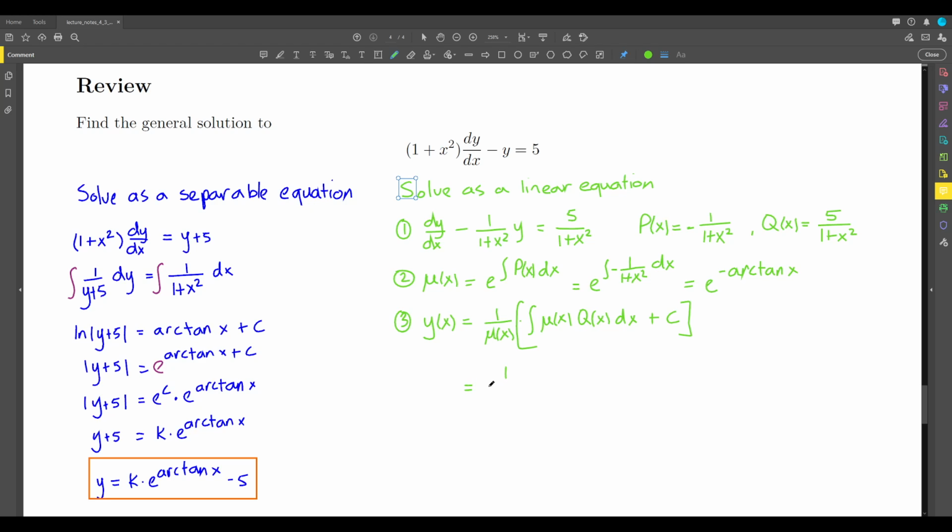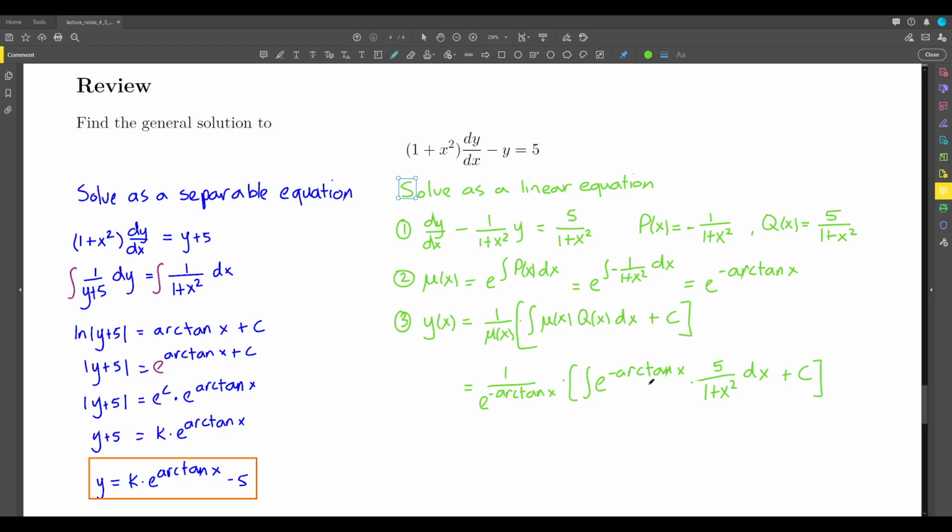And what we get is 1 over e to the power negative arctan of x, times the antiderivative of e to the power negative arctan of x times 5/(1 + x²) dx plus a constant of integration.